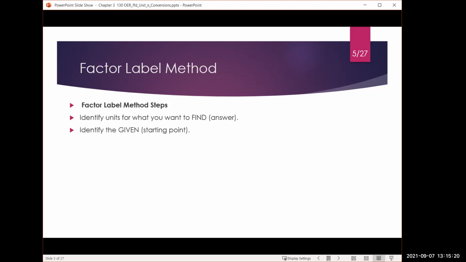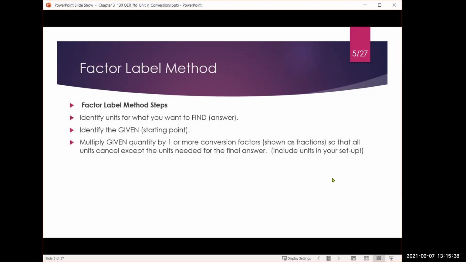And then identify from the word problem what units you are given, because that's your starting point. And then once you know where you are with units and you have all these conversion factors in hand, you can set up those conversion factors such that you end up with the units that you're looking for, the answer, okay? And so you're multiplying all these units with these conversion factors, which we show as fractions or a ratio.